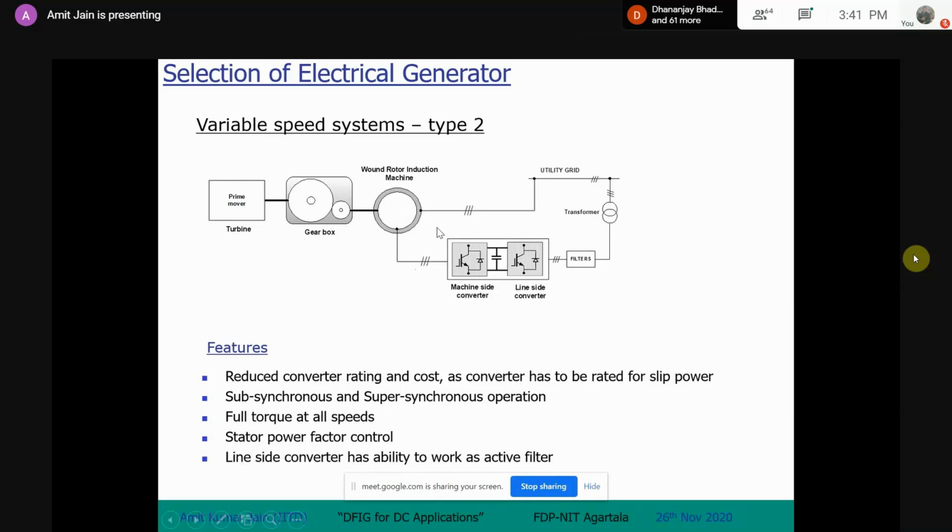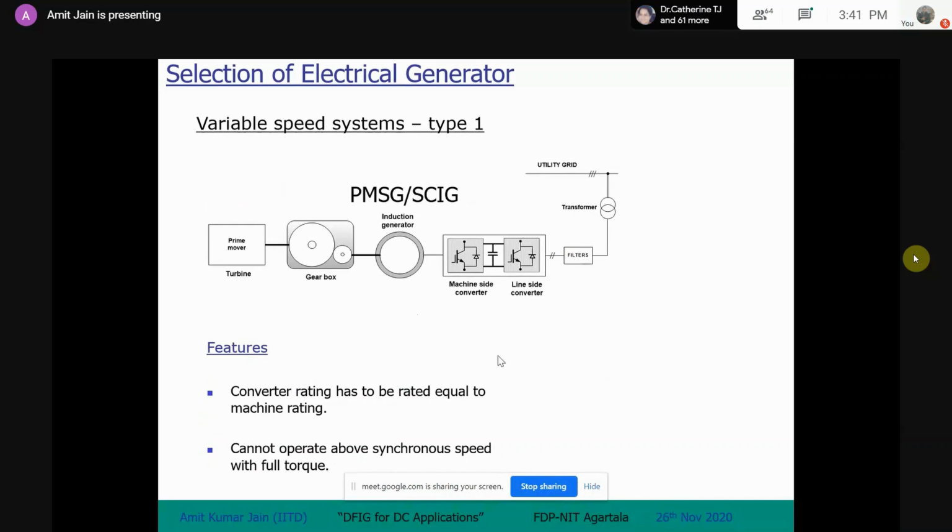So we all know that the frequency and the power are related. Generally, in this case the power converters have to be designed for the power corresponding to 12 meters per second. Let's say we get 12 megawatt for 12 meters per second wind speed, and 8 megawatt for 8 meters per second, right?